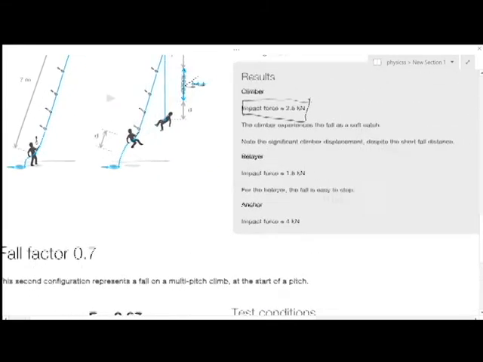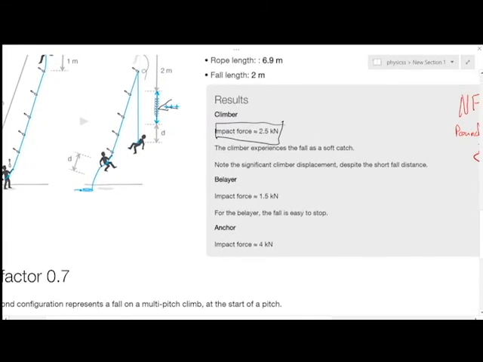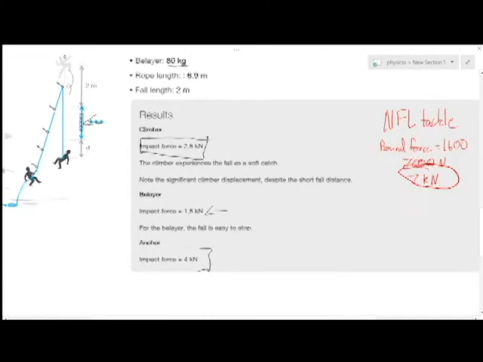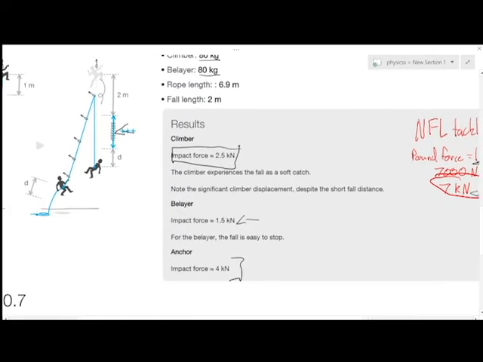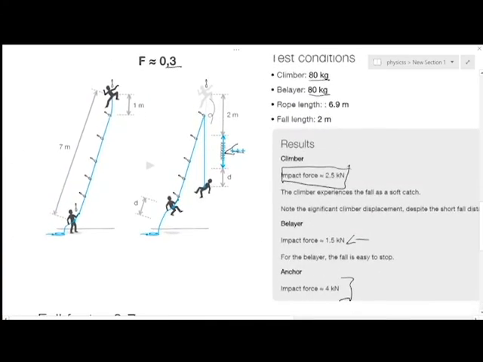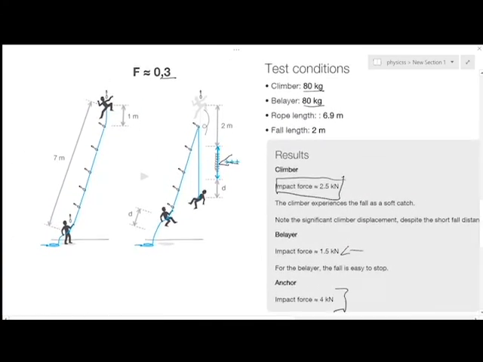And so after that, the belayer is also getting some impact force, and then the anchor is taking the sum of the two. For comparison, in the NFL, your pound force is roughly 1,600, so that's 7,000 newtons or 7 kilonewtons. So it's less than an NFL tackle. And that's all because the rope is taking some of that kinetic energy.